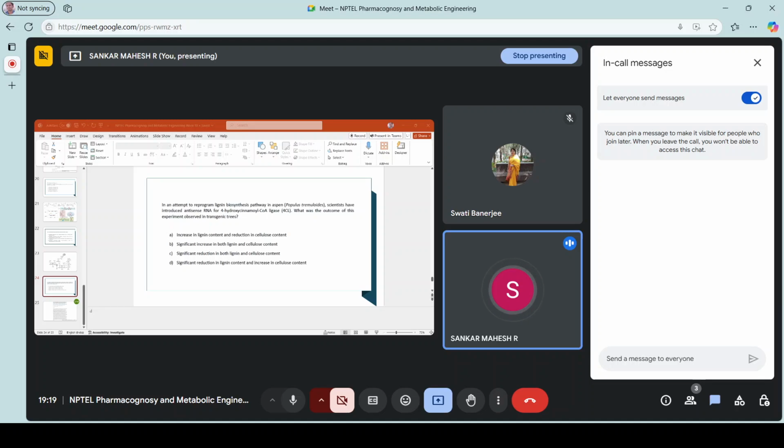Yeah, Swati, can you type it? The enzyme. One minute, sir. I'll type. Yeah. Sure.